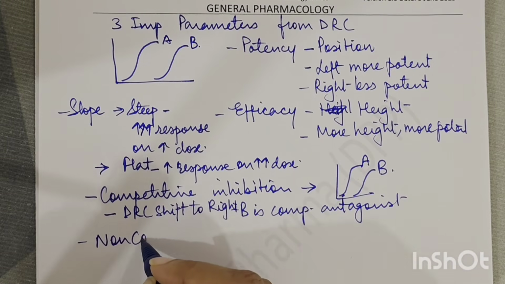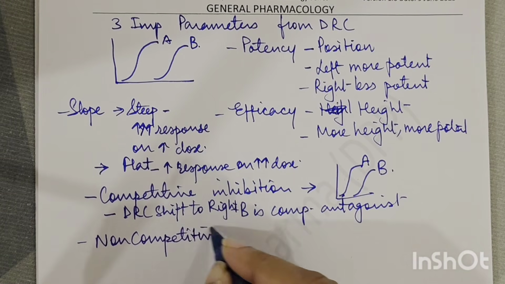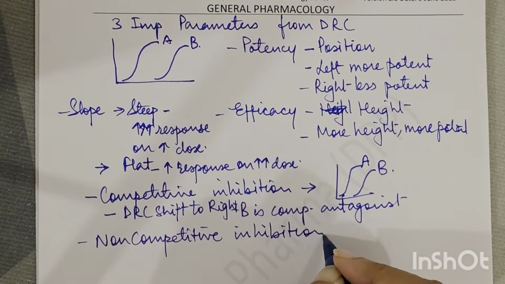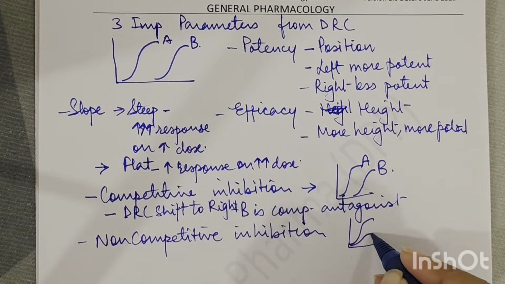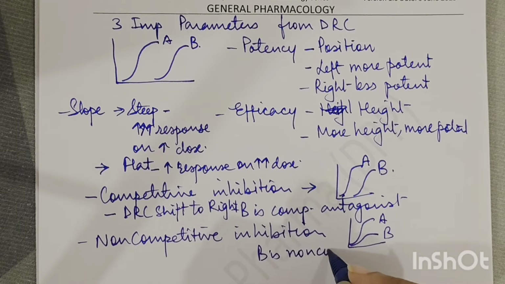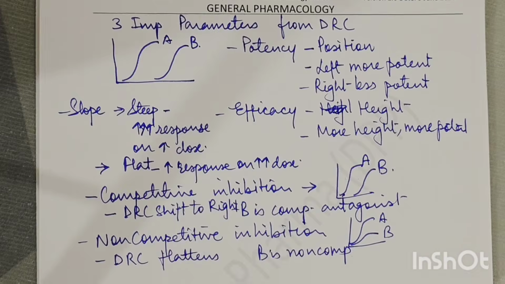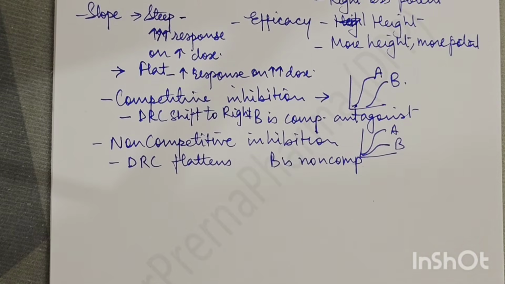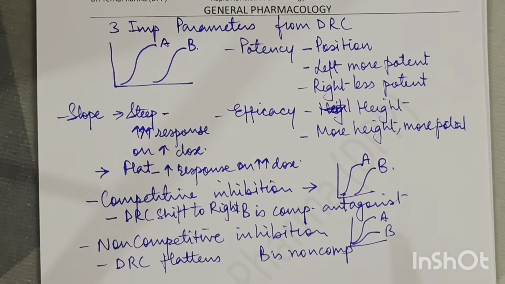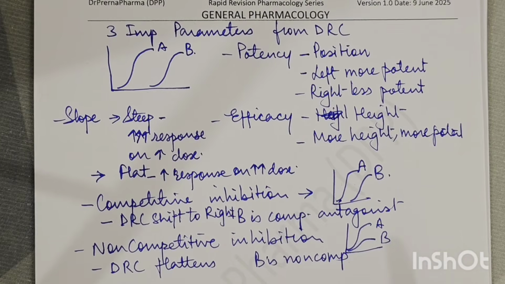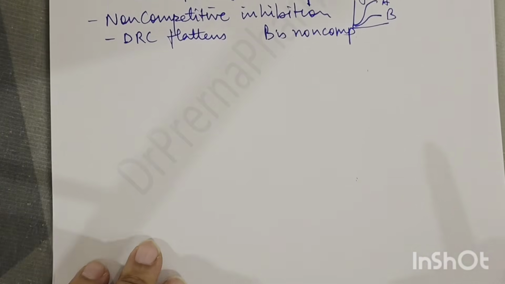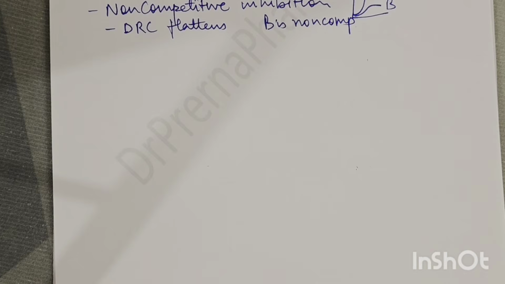And what happens in non-competitive inhibition? It will present like this, A, B. So here B is non-competitive. Why? The DRC flattens. If the graph is flattening down, then it is non-competitive. Got it? So these are very important things that you have to remember from the DRC: potency, efficacy, slope, competitive inhibitors and non-competitive inhibitors. These questions come regularly, graph based questions come, so don't make mistakes in this.